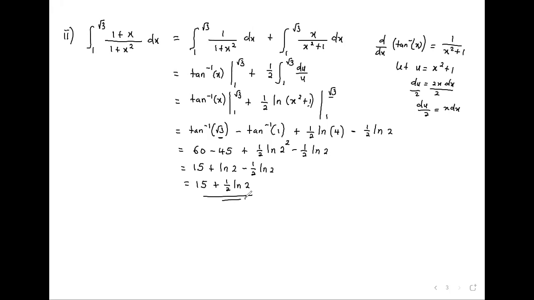Now, if you don't want to use tan inverse, what else can you use? That's an integral of 1 over 1 plus x squared.